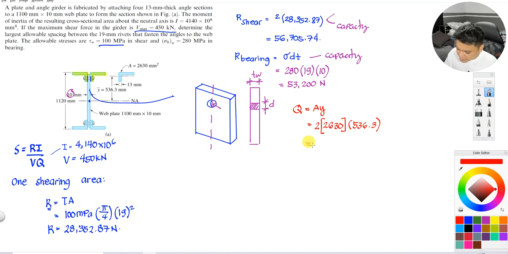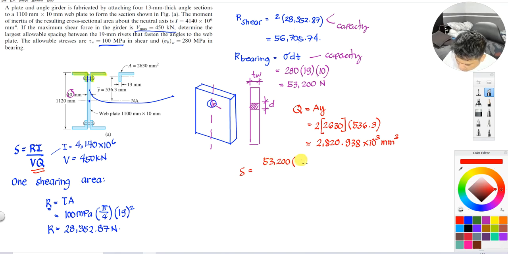So, you can have it as Q, 2,820.938 times 10 to the 3 mm cubed. Okay? Kompleto na tayo. So, we can now have the R, I, V, Q. So, we can have the spacing is equals to the R, which is 53,200, I is 4,140 times 10 to the 6, all over V, ang V ko is 450.